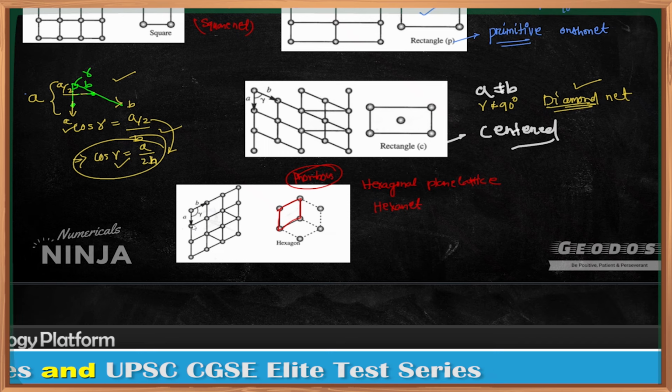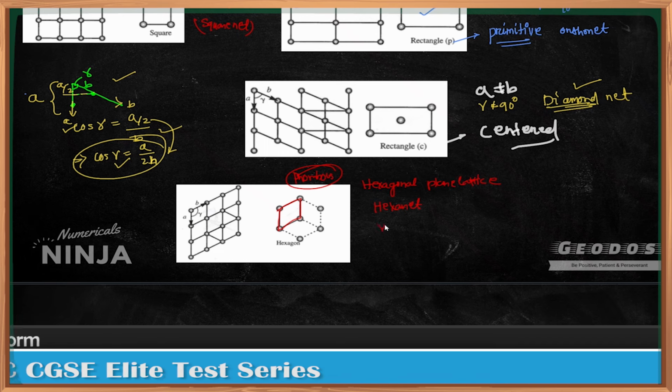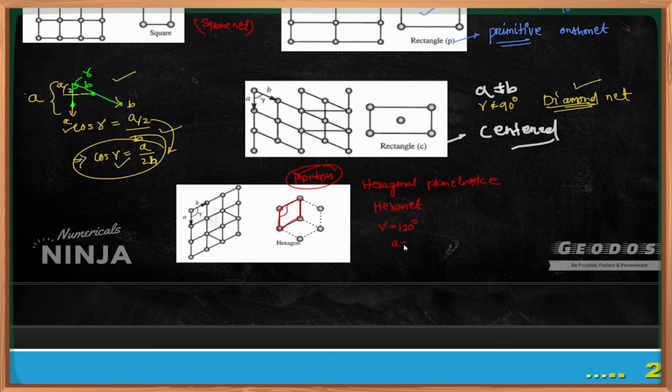The angle between them, can anybody guess? Gamma will be 120 degrees. If this is a hexagon, you can easily find the angle between the two translational vectors, that will be 120 degrees, and A is equal to B here.